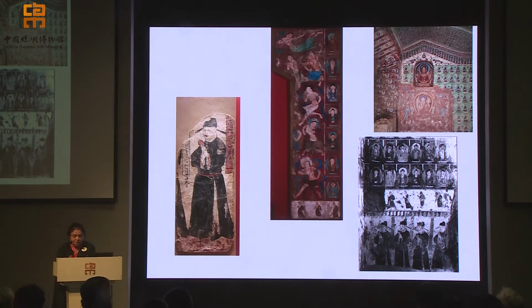But how can we explain to the people that, for example, this wall of the cave was painted several times, has several layers, and, for example, these red painted apsaras and Buddhas were under the green layer, and they were in fragments taken to Russia.